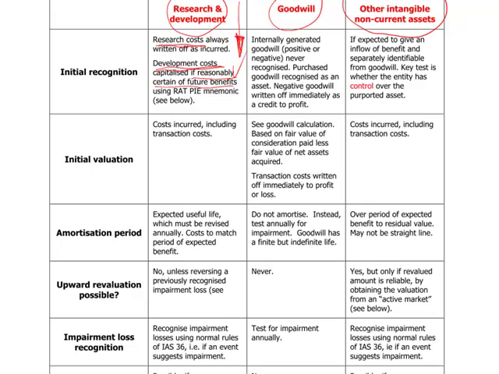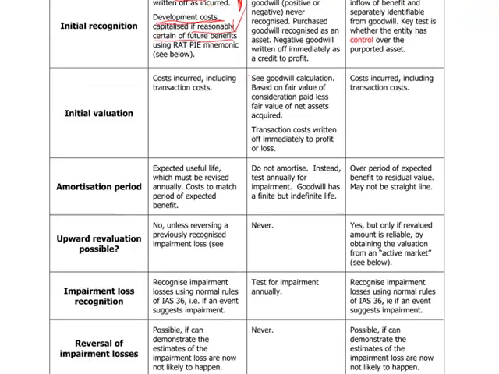Ignore goodwill and other intangible assets, and let's see initial valuation. Basically, it's all the costs incurred for the development phase, and you can include any transaction costs that may occur. What about the amortization period?